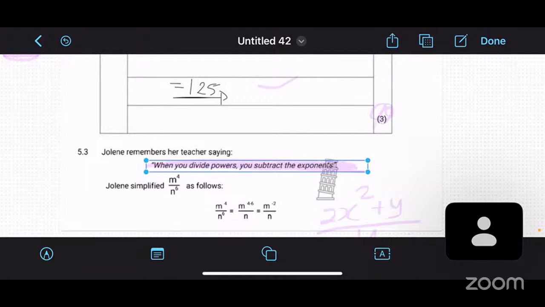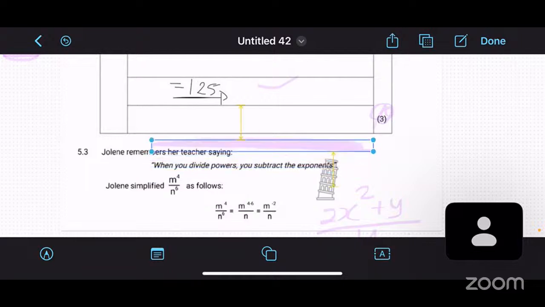We cannot minus the exponent because we don't have the same bases. One base is n and the other one is m. So you cannot mix m with n unless you're multiplying, then you're going to have mn, right? But not the exponents. So she's absolutely wrong when she says her final answer is m to the power of negative 2 divided by n.